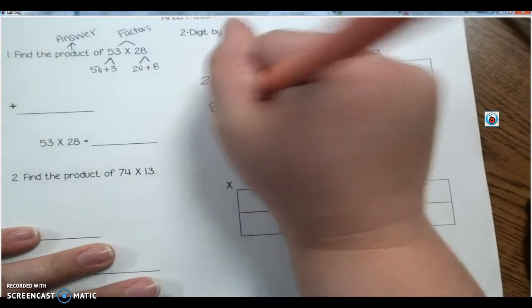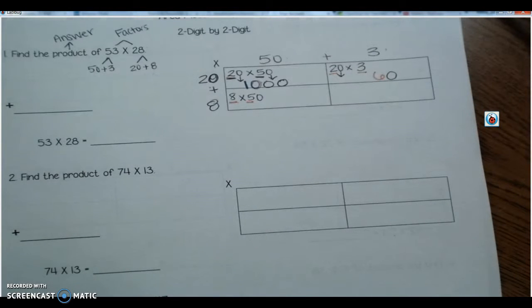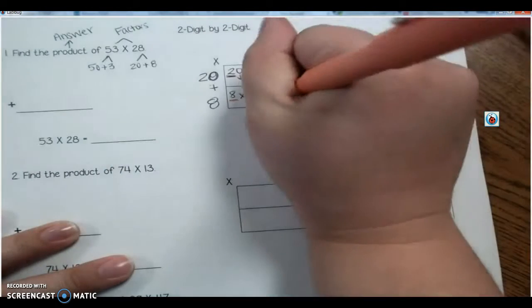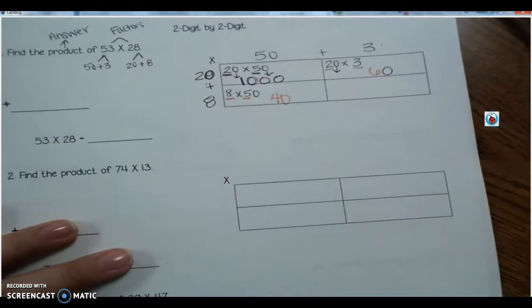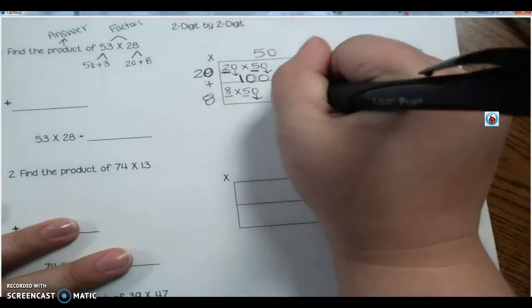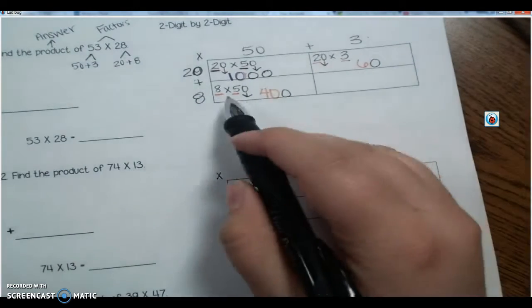So we're going to go to 8 times 5. Ignore that 0 to start. 8 times 5, you can count by 5s. 5, 10, 15, 20, 25, 30, 35, 40. Then I have to drop down my extra 0. It's really, really important that you remember to drop those zeros down.